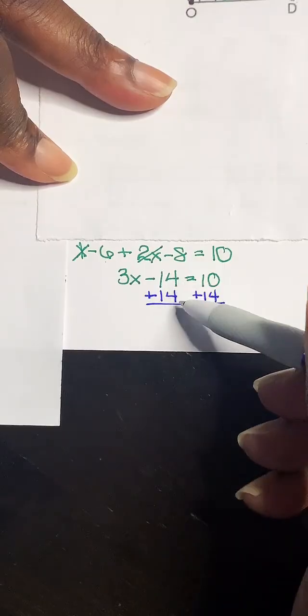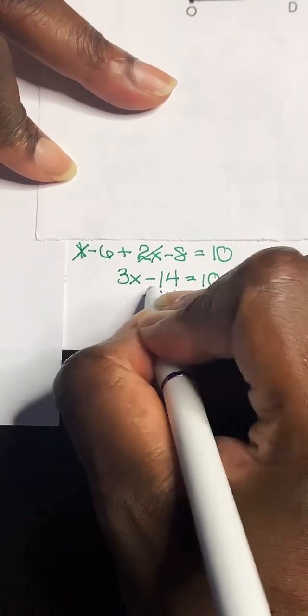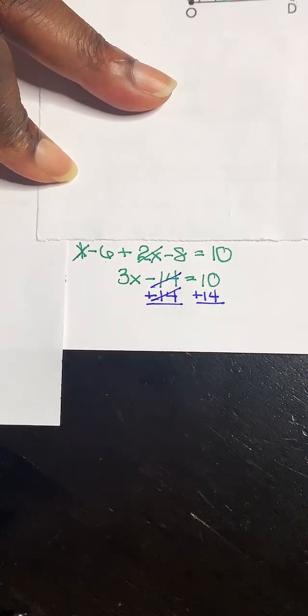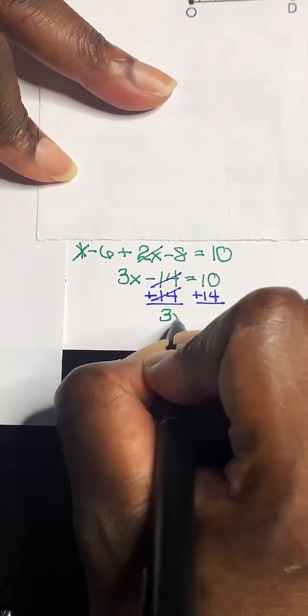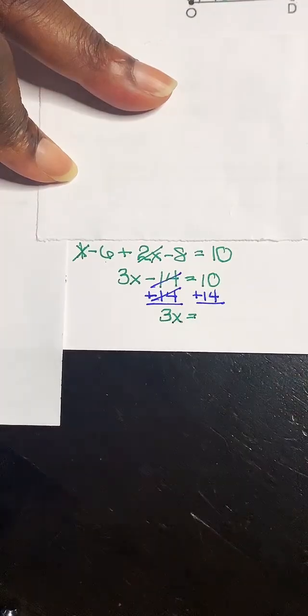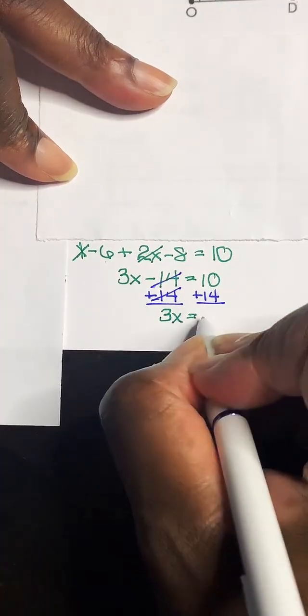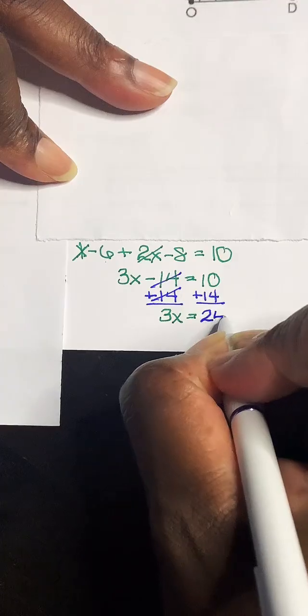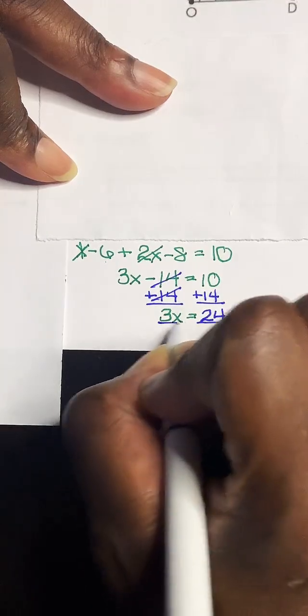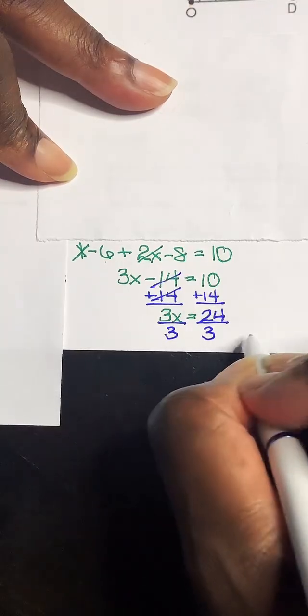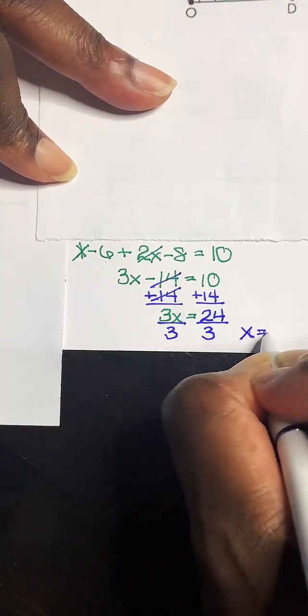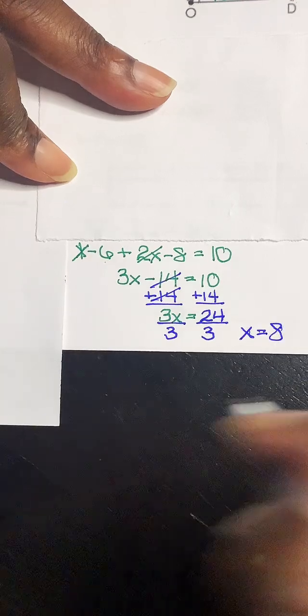So we have negative 14 plus 14, that gives me my 0. I don't need the 0 as a placeholder, so I can bring down my 3x equals 10 plus 14. That gives me 24. And I want to divide both sides by 3. So my x is going to equal 8.